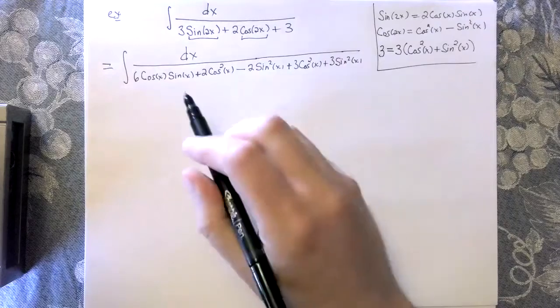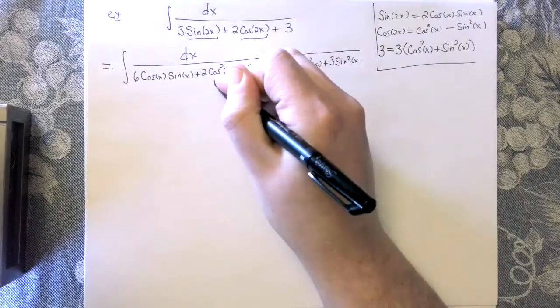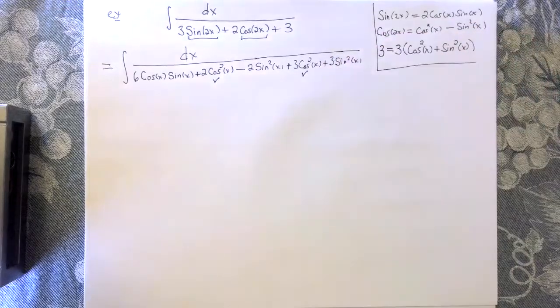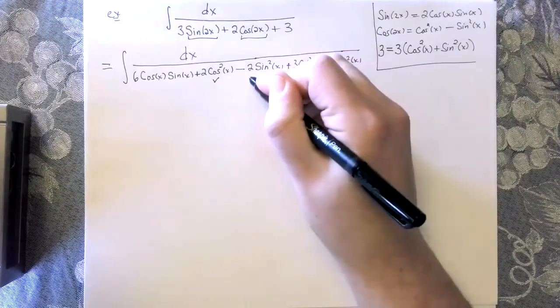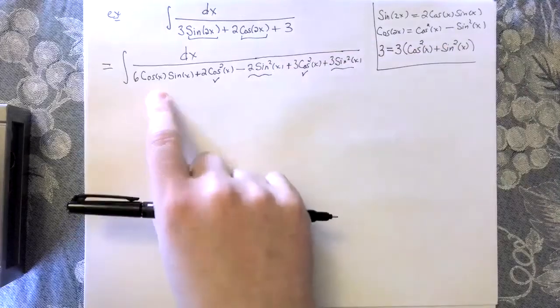And so where do we see some like terms? So with cosine, 2 cosine squared of x plus 3 cosine squared of x, we can combine those. What else do we have here? These are like terms, so we'll combine those. And this I can just leave.